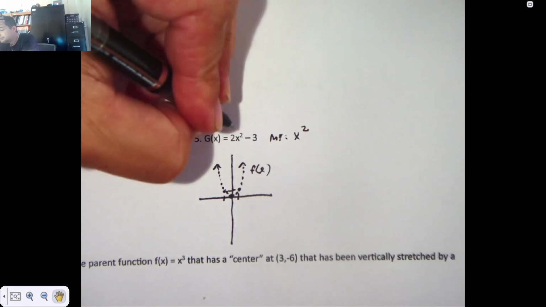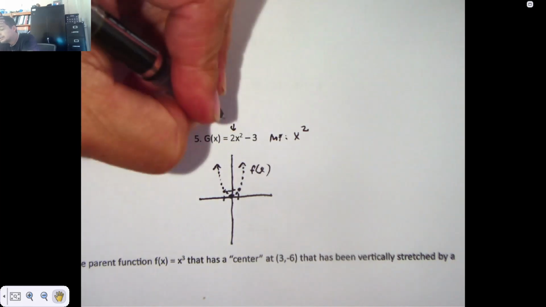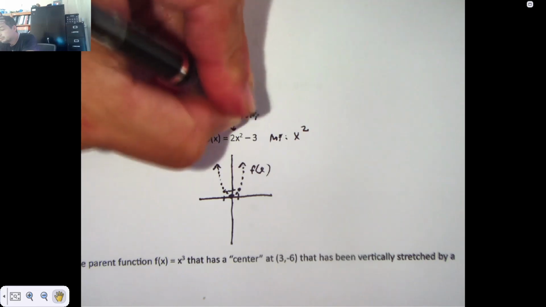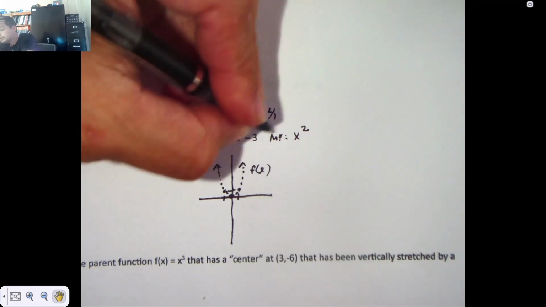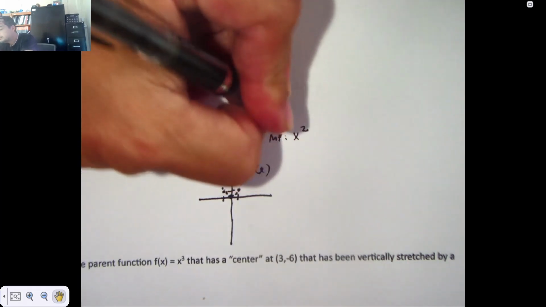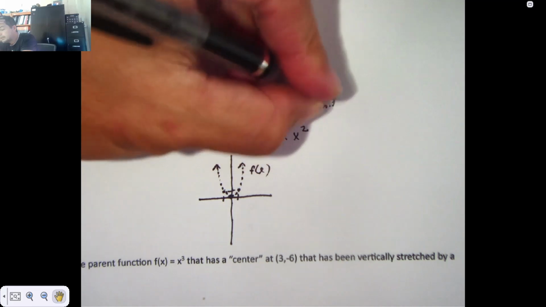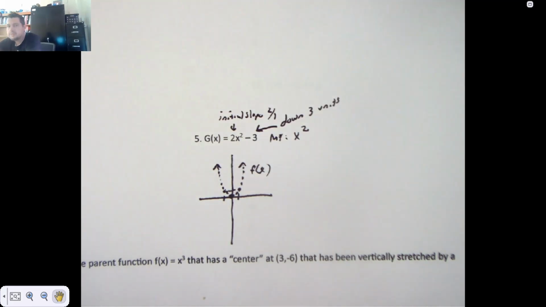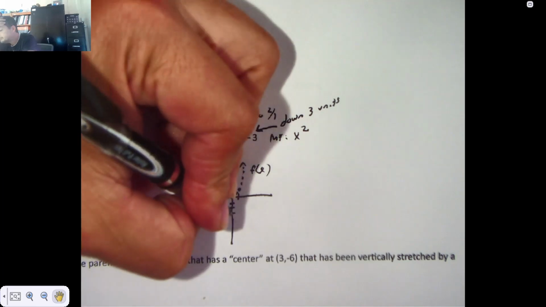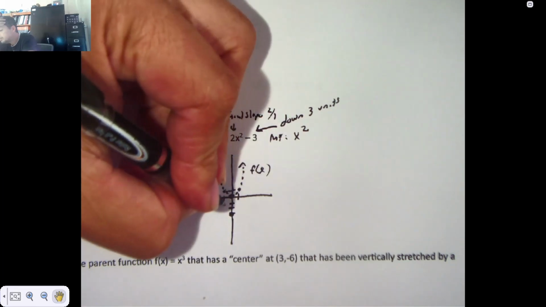The child has a stretch factor or initial slope 2 over 1, and it has been shifted down 3 units. We're not going to spend time worrying about the x and y intercepts, but we're going to fall 3, and then we're going to rise 2 and run 1.